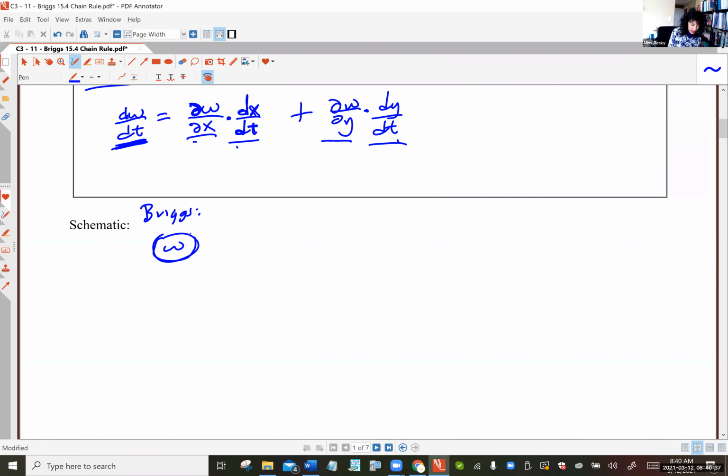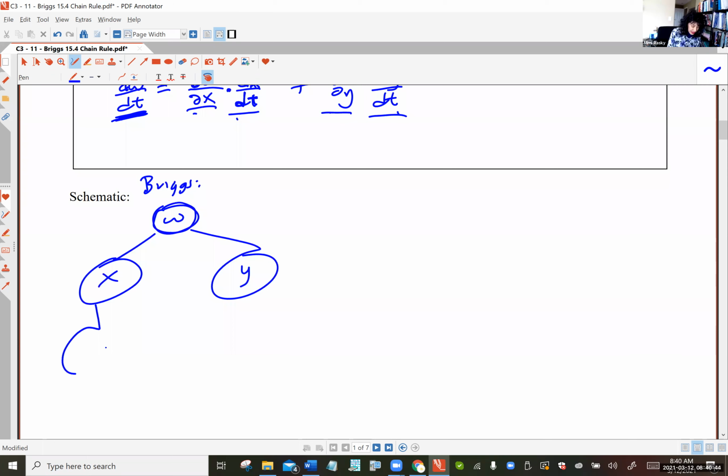You've got W up at the top, but W is a function of X and Y. But X is a function of T, and Y is also a function of T. And we're done. There's the schematic for the function. Now, when you're doing the chain rule along these branches, this branch would be the partial of W with respect to X. And then along this branch, you would take the straight stem derivative because you only have a single variable of time T, dx/dt.